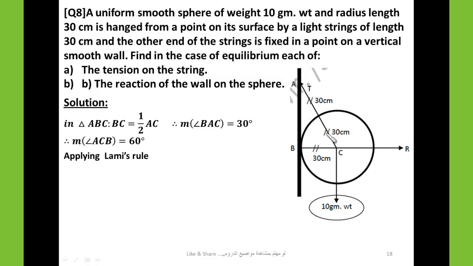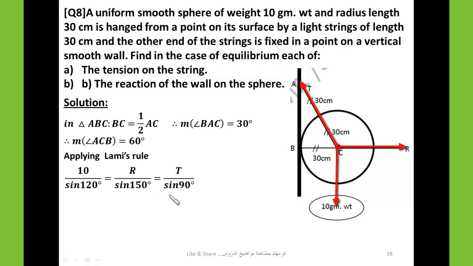And the angle between AC and the reaction, this angle equals 120, because this angle is 60; 60 plus 120 equals 180, two supplementary angles, and this angle equals 90. So you can say 10 divide sine 120 equals R divide sine 150 equals T, the tension, divide sine 90.